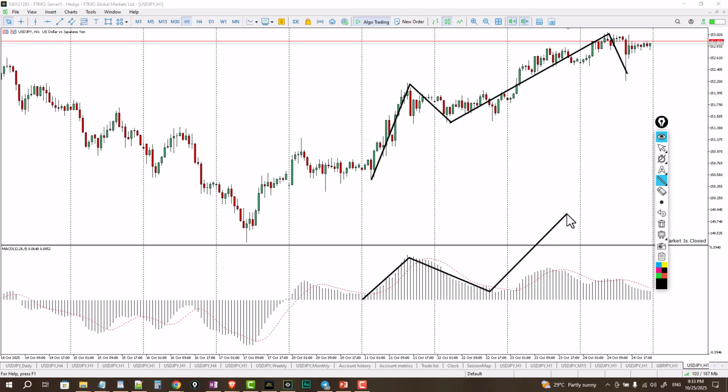But in this case, you can see that on the price chart this high is higher than this high, while on the oscillator this high is lower than this high. This is because the oscillator is telling you that the momentum behind this price move is not as strong as the momentum behind this move.